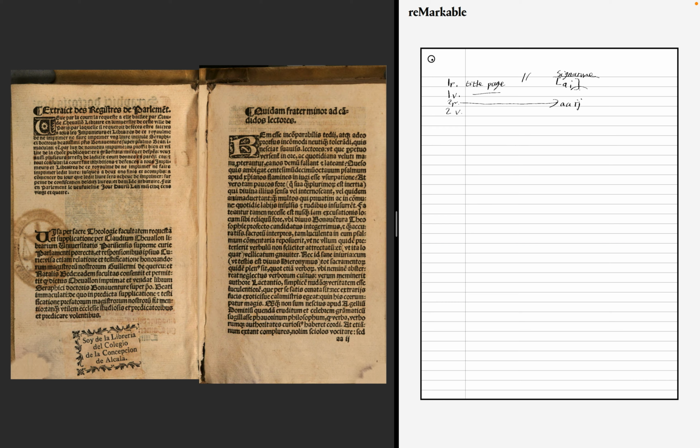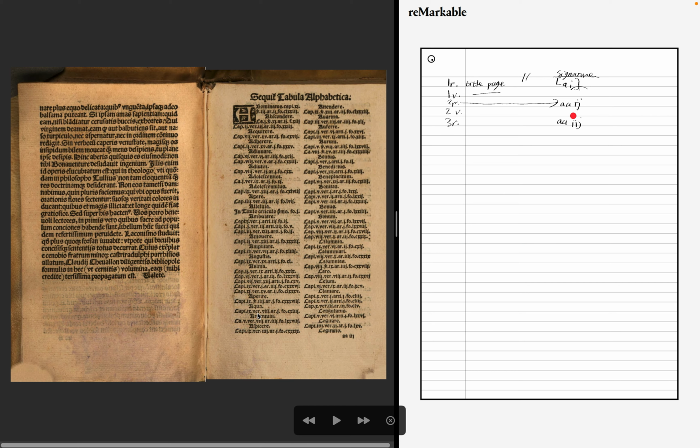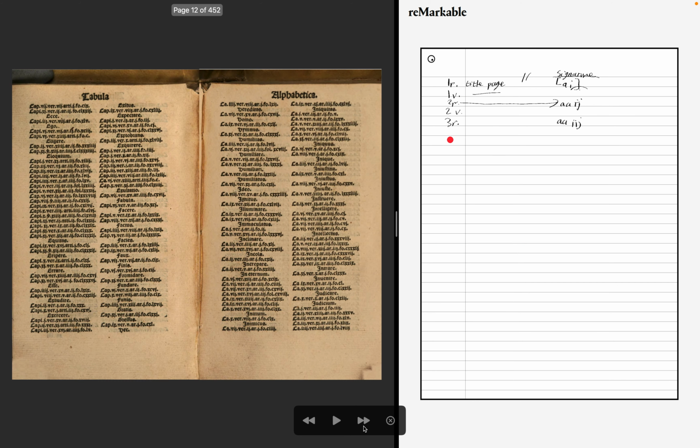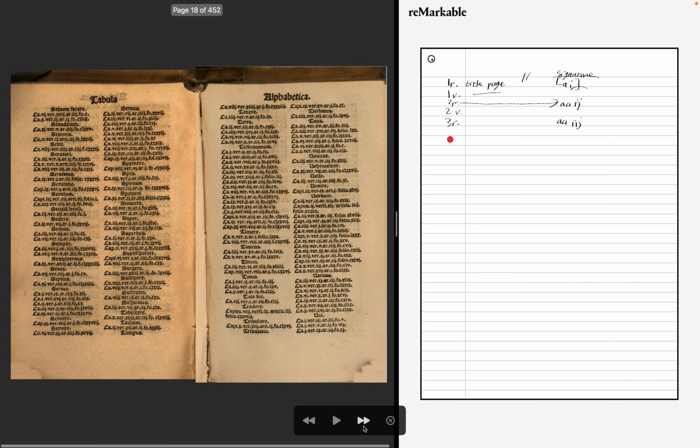Like I said, I'm transcribing. So 3 recto should be AA, I, J. Like I said, the J is just typographic convention for another I. Then we get I, and then nothing.